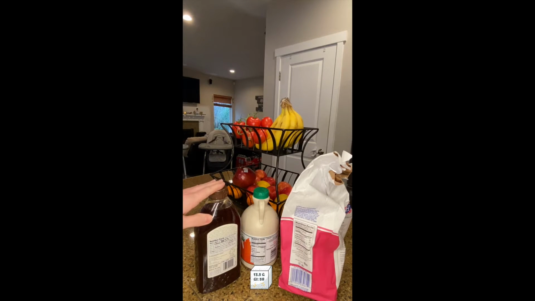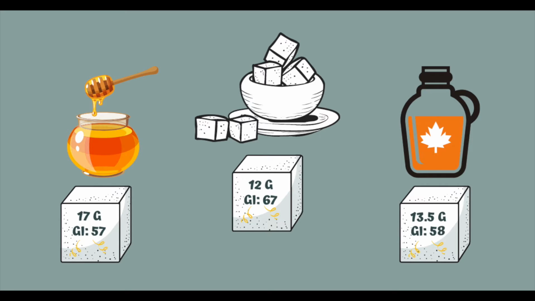For the honey, 1 tablespoon is going to be 17 grams of sugar, and again in that same realm as the maple syrup, mid to upper 50s. So when you are comparing them, the glycemic index of the honey and the maple syrup is not that far off from the sugar, and the amount of sugar is actually a little bit higher when you're comparing serving per serving. So it's pretty much a wash.